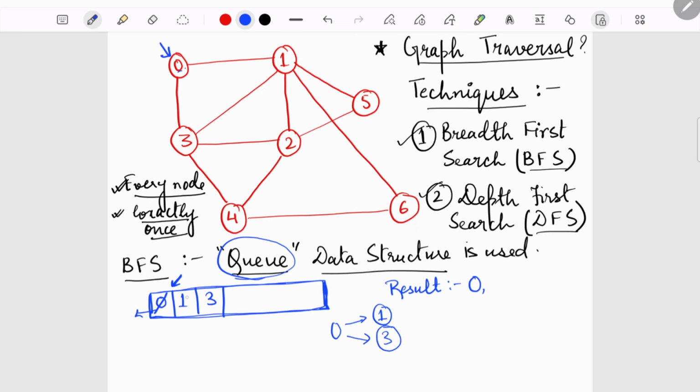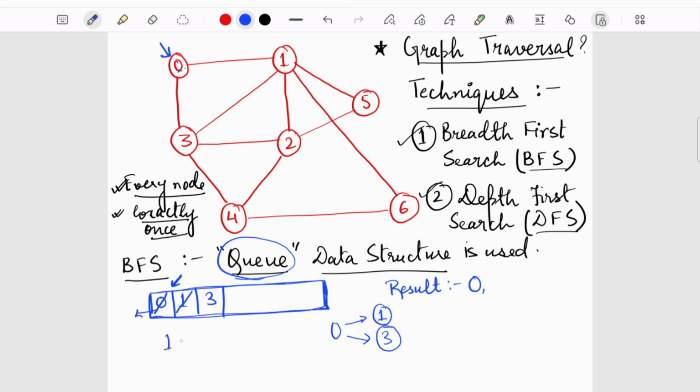Now which is the next node that I have to visit? I have to visit 1. As soon as you visit 1, you have to insert the nodes adjacent to 1. So which nodes are adjacent to 1?